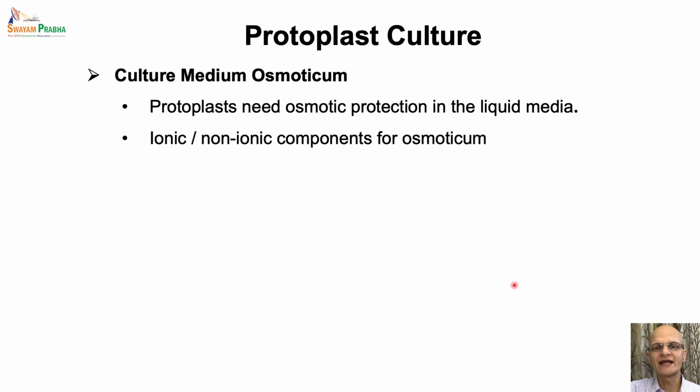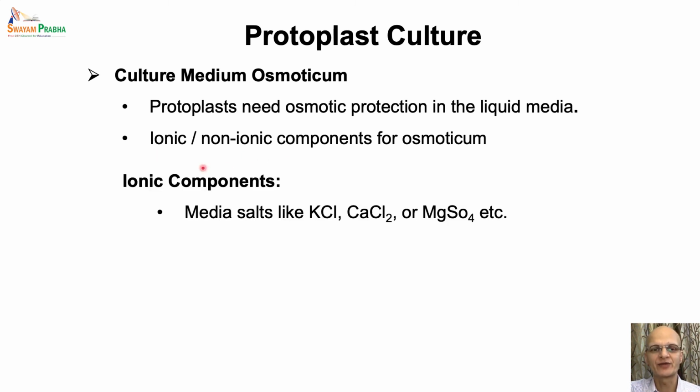Maintenance of the right osmoticum is therefore crucial for the maintenance and culture of the protoplast. Generally, osmotic stabilizers used in the culture media can be grouped into two categories. One is the ionic components and the other is the non-ionic components.